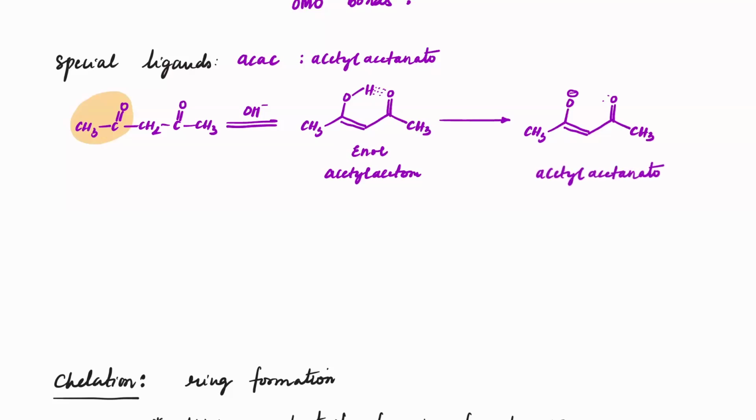Okay. And you see when it comes to acetyl acetonato, as it makes a bond with a metal here, correct? Metal would have connections from this oxygen end and oxygen end. So it is a connection of O and O, acetyl acetonato.